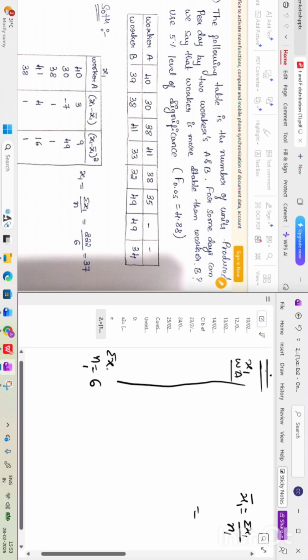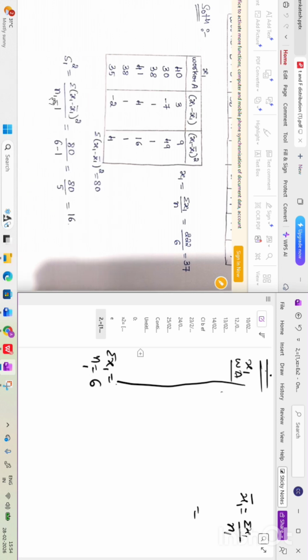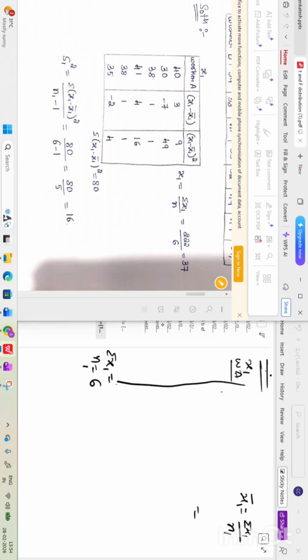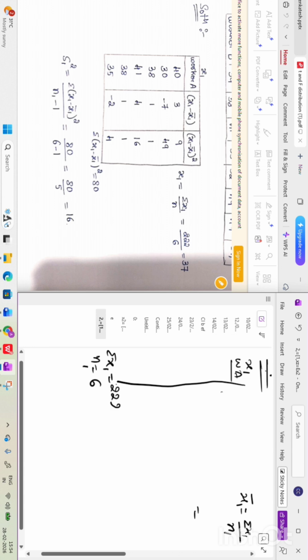Then summation x1 is the sum of the data for worker A. When we add this data, we get 222. Substituting 222 with n1 as 6, you get the value 37. This is the x1 bar value, the mean.